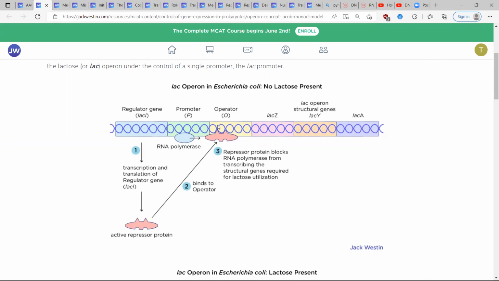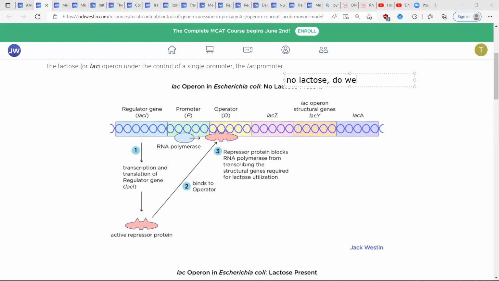The operator is just a region that controls whether we should or should not utilize these genes and make proteins from them. So the RNA polymerase is not allowed to make these proteins if there is no lactose present. So let's think about this, right? There is no lactose present.